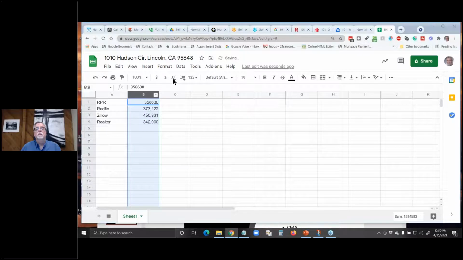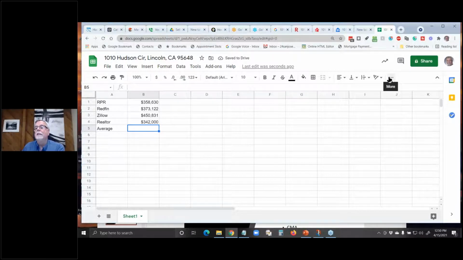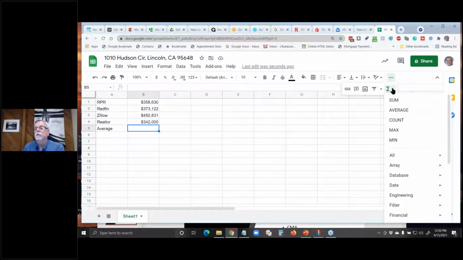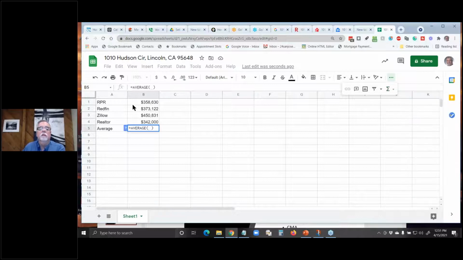Then I'm going to tell it these numbers are dollars, and get rid of the decimal places. How about like that? Because we don't need that. Then I might say average, and I will go up to the different formulas, go to this function, say average, and hit enter.